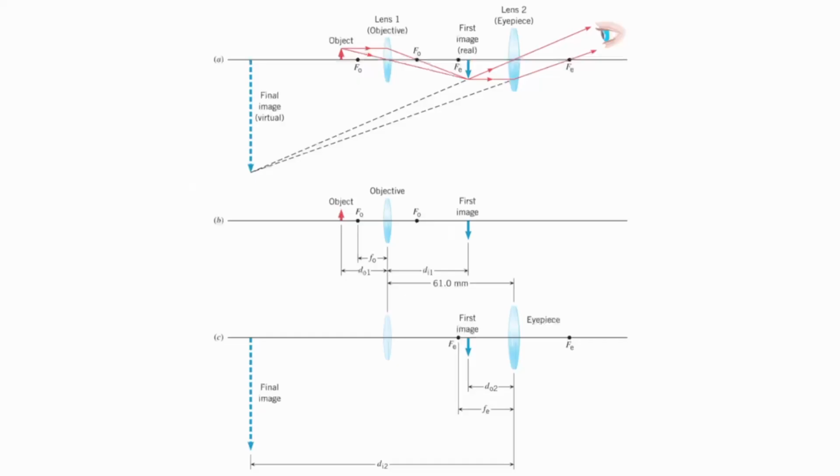That's the lens that's closest to the object. So in a microscope, the objective lens is the one that's closest to the glass slide. In a telescope, the objective lens is on the front of the telescope because you're looking at an object like the moon or Saturn, and the lens on the front of the telescope is closer to that object.